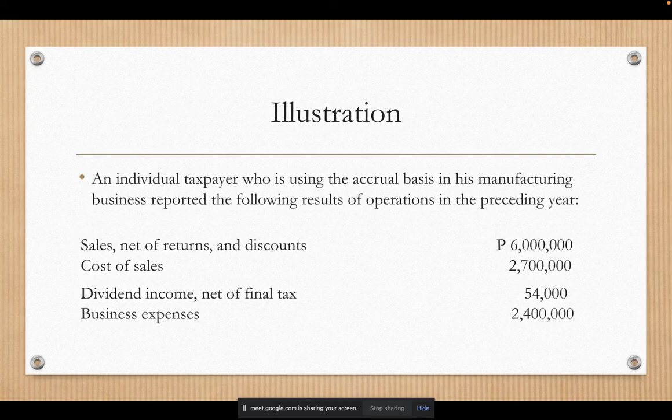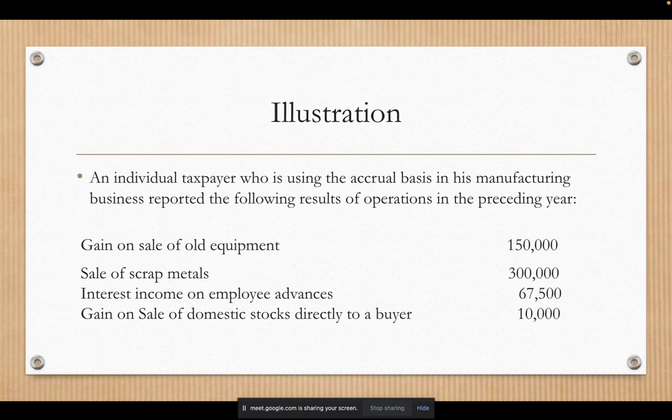Let's look at an illustration. Again, an individual taxpayer who is using the accrual basis in his manufacturing business reported the following results of operations in the preceding year. The sales net of returns and discounts is 6 million and the cost of sales is 2.7 million. There is a dividend income net of final tax of 54,000. Notice the words there, net of final tax, of 54,000, and business expenses of 2.4 million.